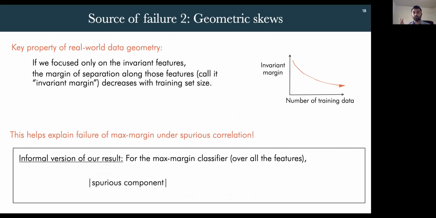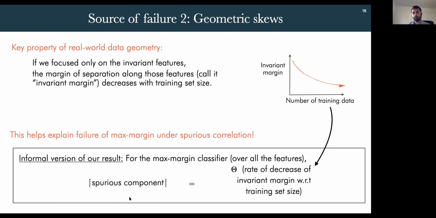What this result says is that this component can be related to how fast this graph decreases. The faster this graph decreases, the larger the spurious component is going to be. This might be a bit vague and it might not be clear what exactly this formula is, and I'll give you a sense of that formula in a few slides from now. But let me first make sure that this intuitively makes sense.